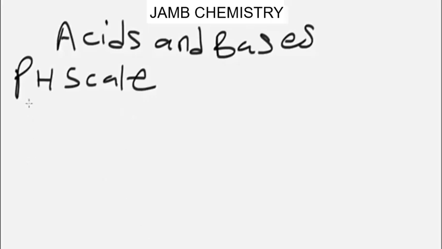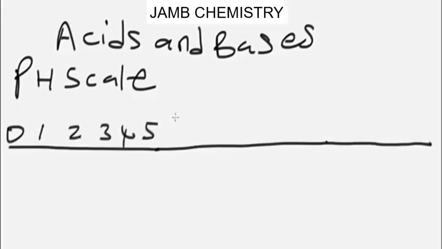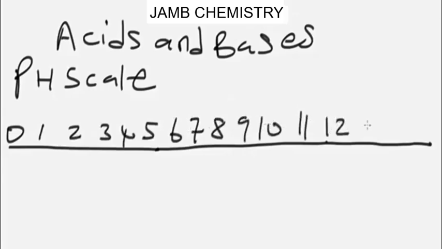Note that the pH scale ranges from 0 to 14. Let's assume that this is our pH scale. It ranges from 0, 1, 2, 3, 4, 5, 6, 7, 8, 9, 10, 11, 12, 13 and 14.